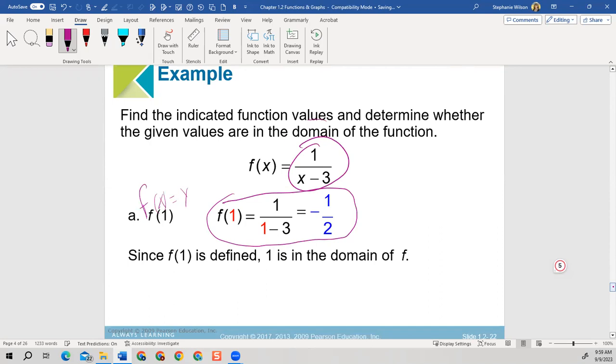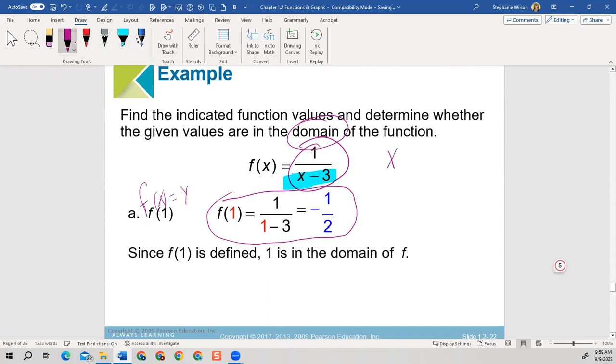However, this also asks to determine the domain of this function. Whenever you have a fraction, guys, we're going to take whatever's in the denominator and set it not equal to 0, because one of the rules about fractions is that the denominator cannot have a 0, cannot have an imaginary, cannot have a root of any kind.